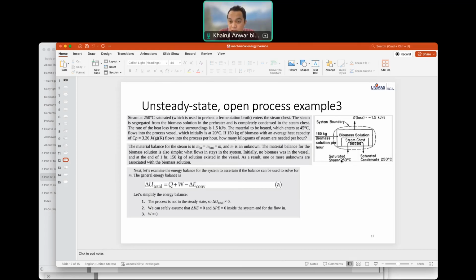Then we have the steam going in at 250 degrees C, which is saturated steam, then going out as a saturated condensate at 250 degrees C. Q loss is negative 1.5 kilojoule per second. So steps 1 to 4 are as shown in this figure.